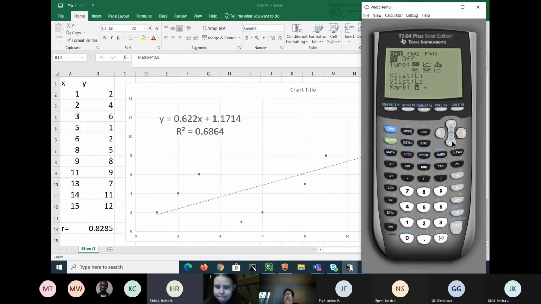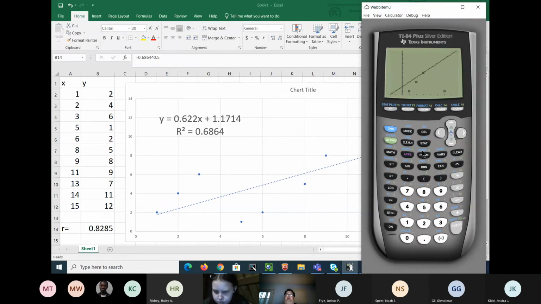It is already defaulted to a chart plot. That's a chart plot. That's a line plot. That's a histogram. That's a box plot. That's the box plot with the mean. And that looks like, I don't know what that is. It automatically defaults to L1 and L2. So what you do is just always type yours in L1 and L2 and hit graph.